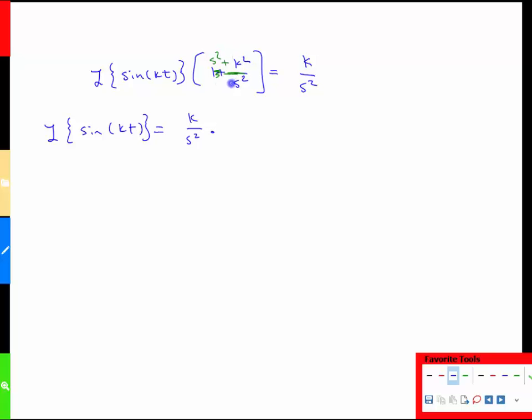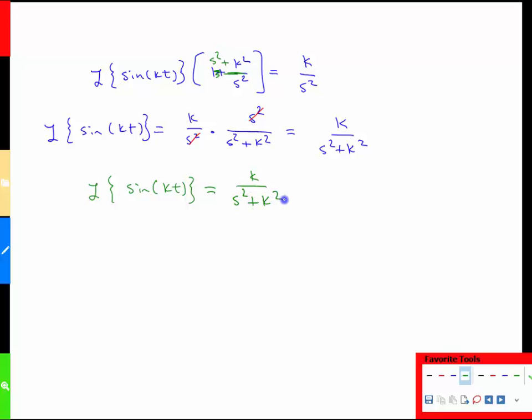We're going to divide by this, which is the same as multiplying by the inverse or the reciprocal. And so there we get our s squareds canceling, and we end up with k over s squared plus k squared. So our final rule is that we can transform a sine function with any frequency in radians per second by replacing it with k over s squared plus k squared.